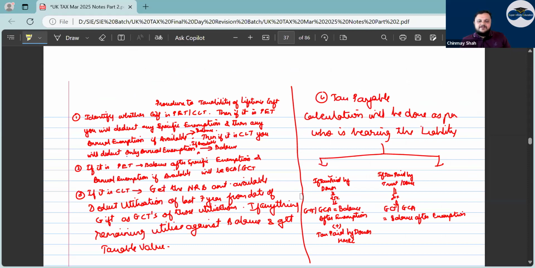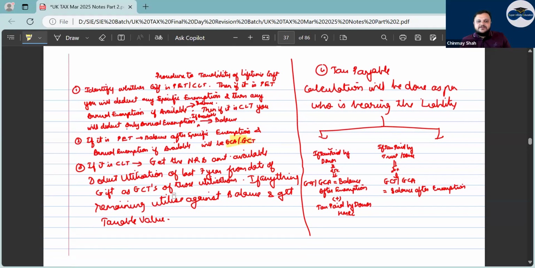Balance, right? And available balance. Then if it is CLT, you will deduct only annual exemption, if available balance, correct? Then if it is a PET, balance after specific exemption and annual exemption, if available, will be GCA or GCT, correct?